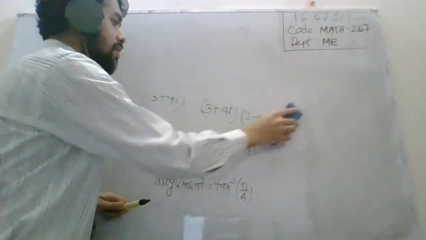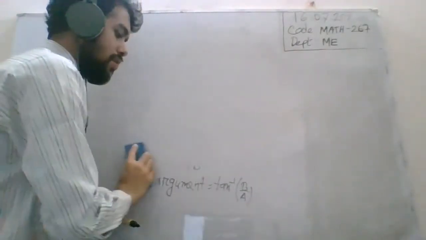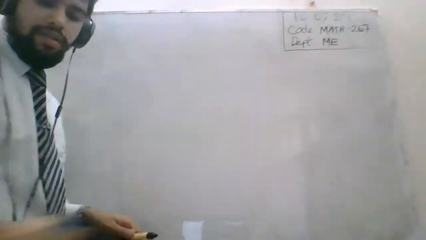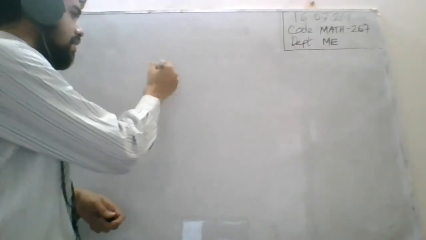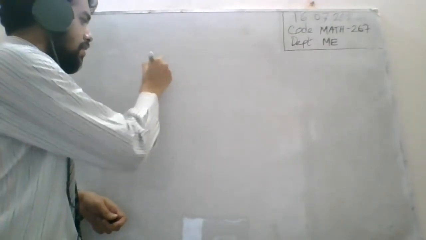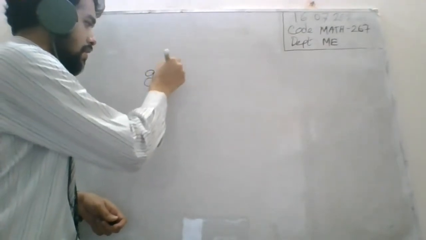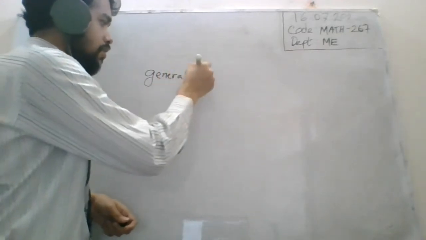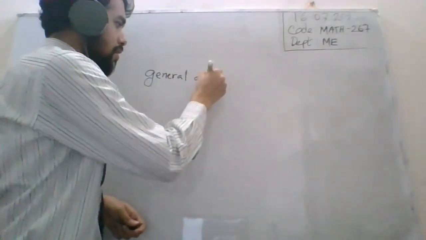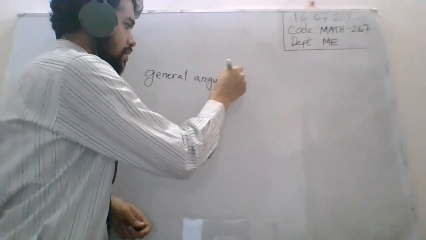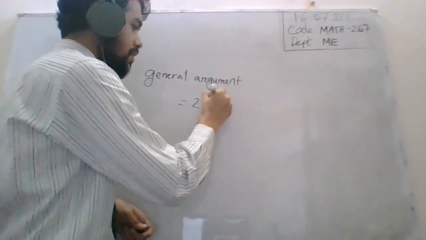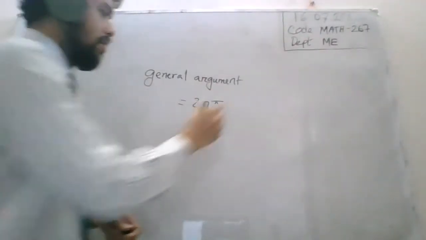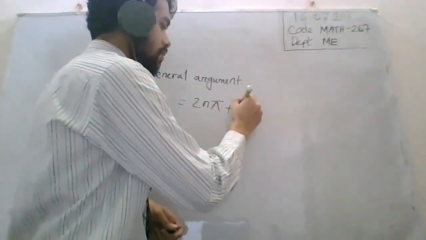If I say find out the general argument, then what do we have to do? For the general argument, I told you in the last class to take the nth root term, twice n pi plus our principal argument.